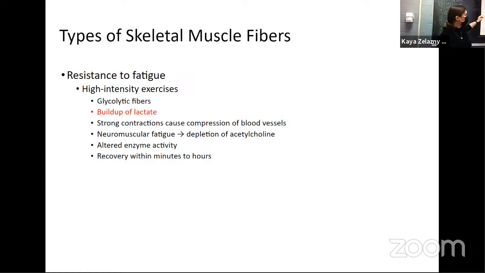Now, this is kind of interesting. The fact that we have really strong contractions and those muscles are bunching up, those muscles are running next to blood vessels, right?